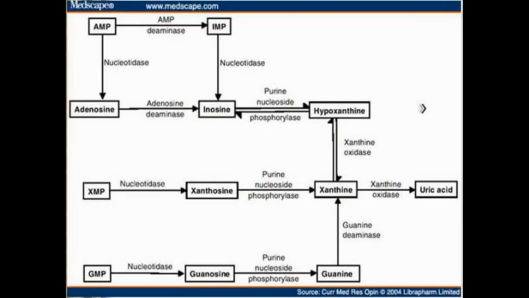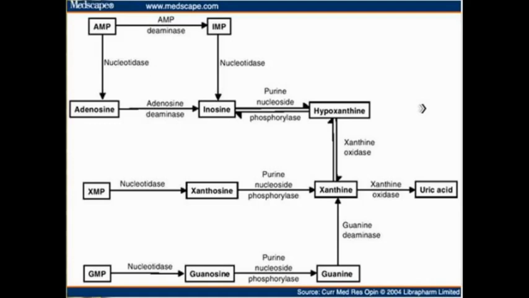So in the next slide, we will come to know about how uric acid is formed from different kinds of products in our body. So as we can see in this chart, from AMP, IMP is formed with the help of AMP deaminase, and again AMP forms adenosine with the help of nucleotidase.